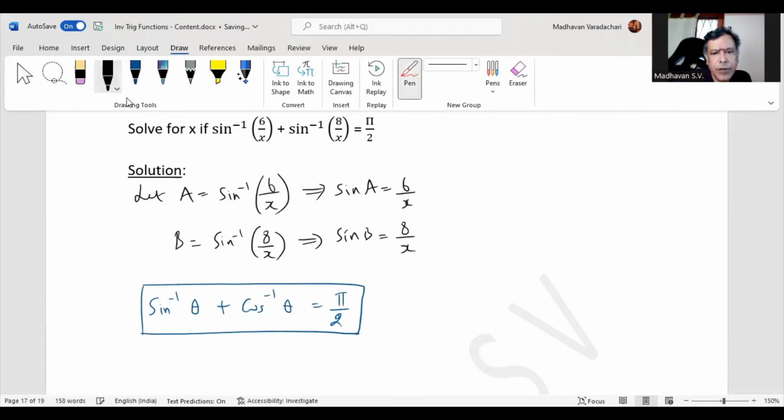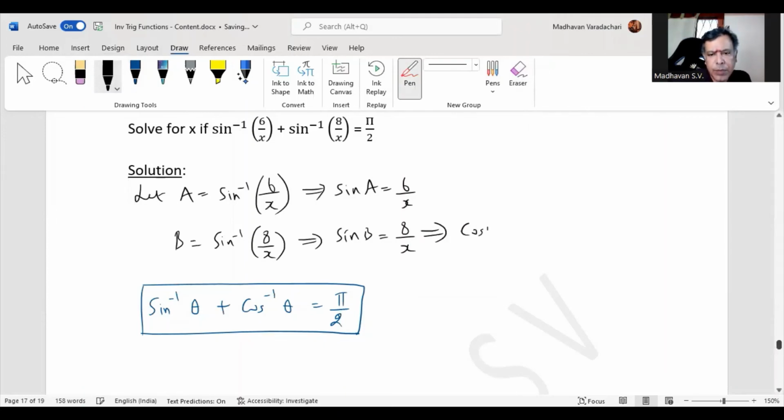For using that, we need to find this expression, or you can consider only one, I can find out from sine B what is cos B.